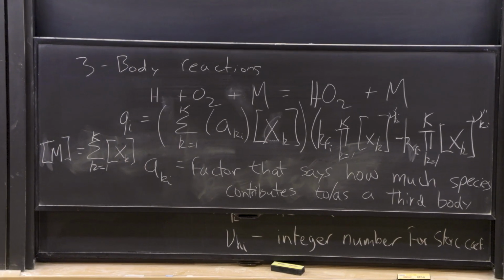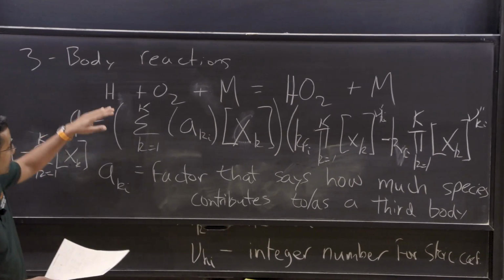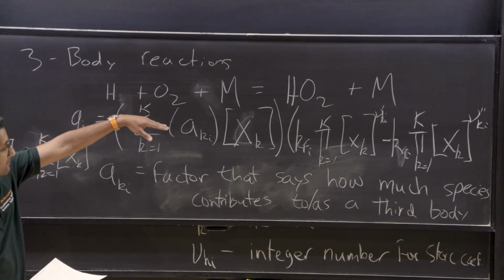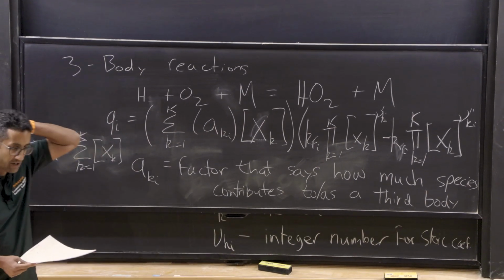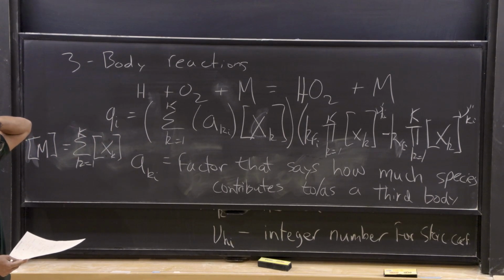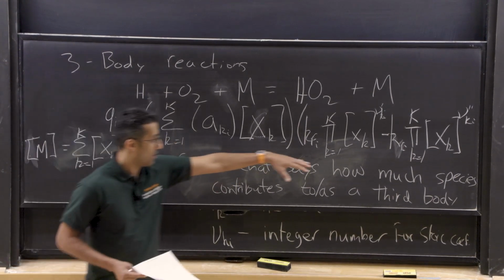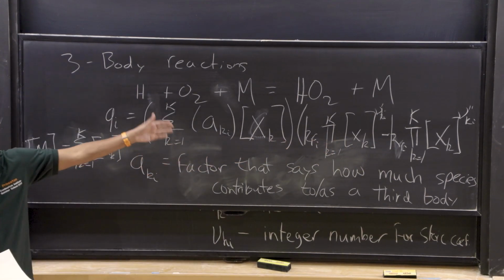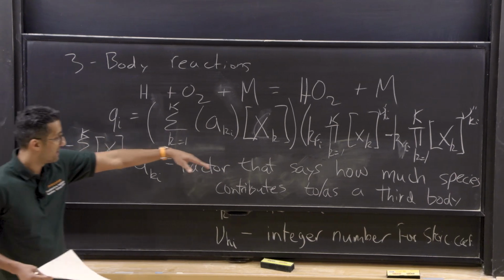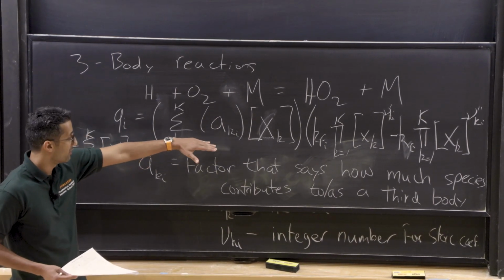All this is saying is that sometimes in a reaction equation, you'll see H plus O2 plus M going to HO2 plus M. The code then says this reaction's progress is dependent on the kinetic parameters, but also on some overall pressure, since the concentration of species is related to the pressure.